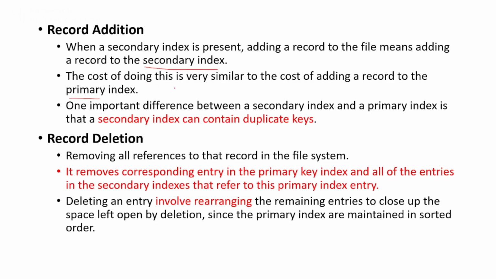The cost of doing this is very similar to the cost of adding a record to the primary index. One important difference between a secondary index and primary index is that a secondary index can contain duplicate keys. Name can be the same; different people can have the same names. So a secondary index can contain duplicate keys.